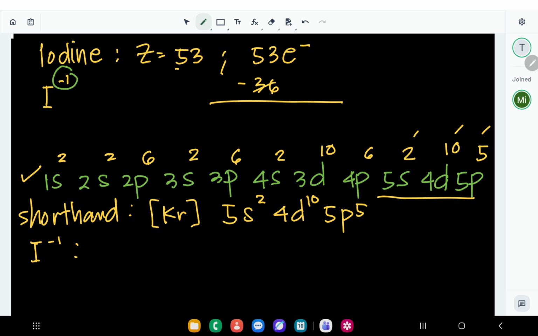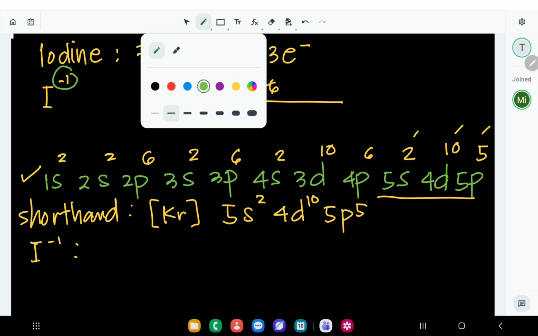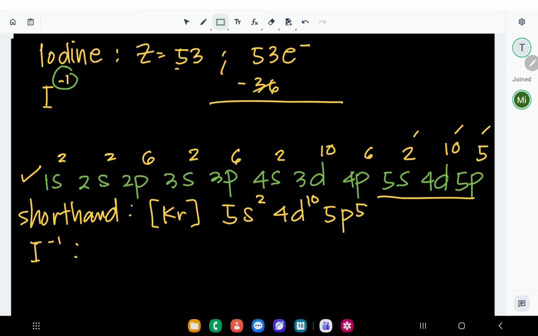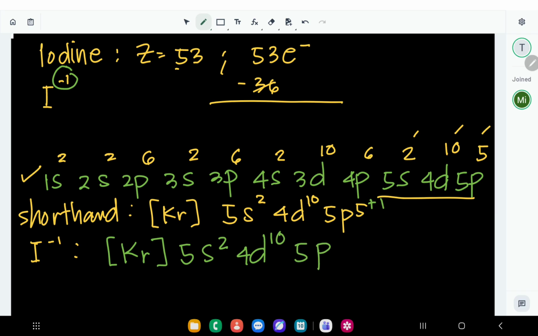So that means it gains 1 electron. So we add 1 electron to the last orbital. All right, so this would become krypton 5s2, 4d10, 5p6. So this is now the electron configuration of the iodine ion.